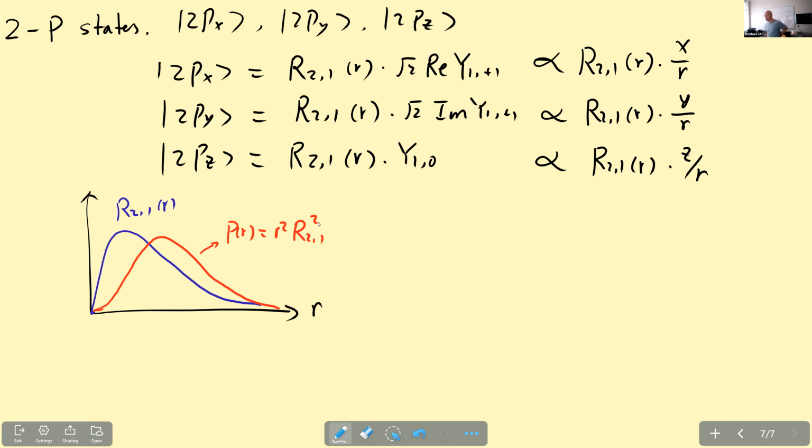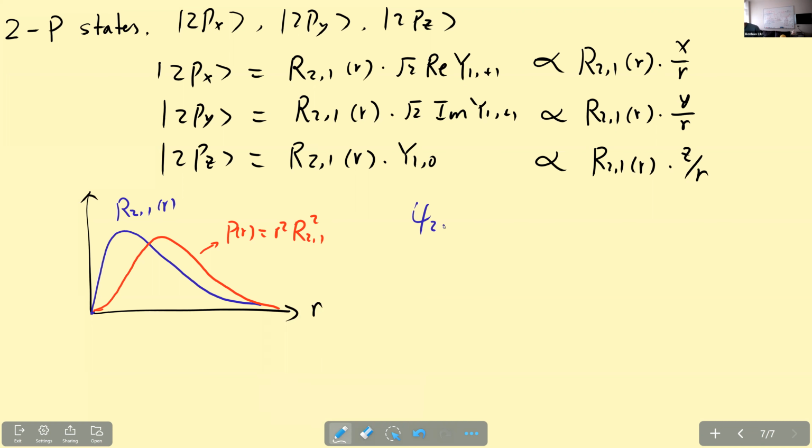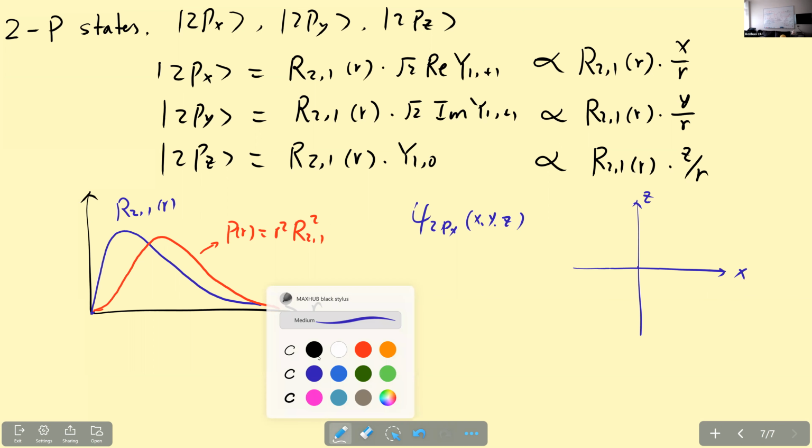Okay. So if you look at the wave function, say 2px, you can plot this one in x, y, z, right? You know that this one is polarized along the x component. So you can now plot this one something like this. So this is the x-axis, and this is the z-axis. I know that it's just x times the radial part, and the radial part is 0 right here. So it's 0 right here.